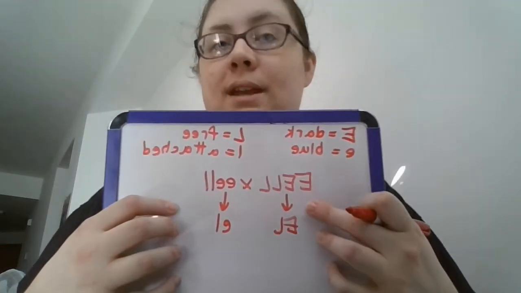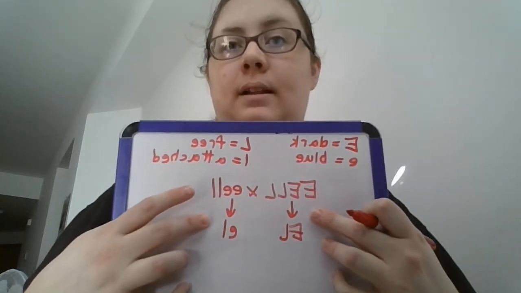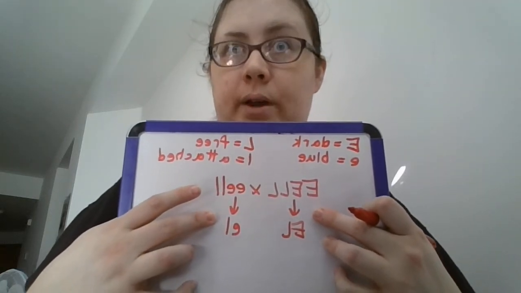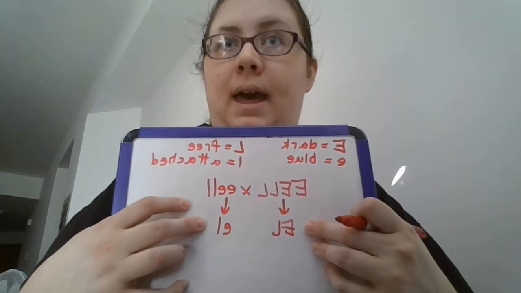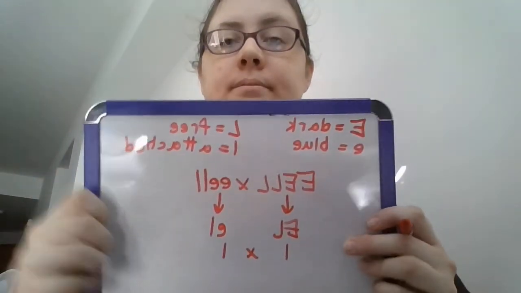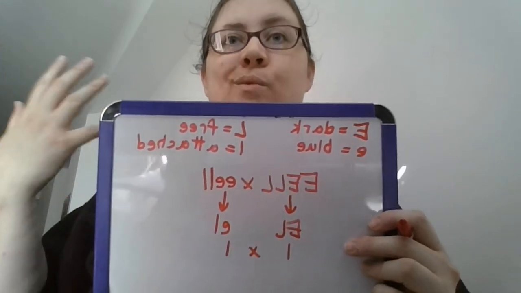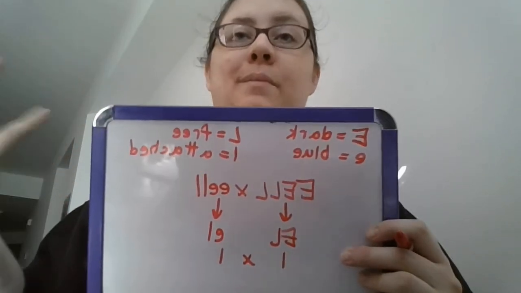This parent can only give a big E and a big L. This person can only give a little e and a little l. If you remember our math from before, 1 times 1 is 1. So when these guys mate and they have a baby, there's only one thing that the baby can be.